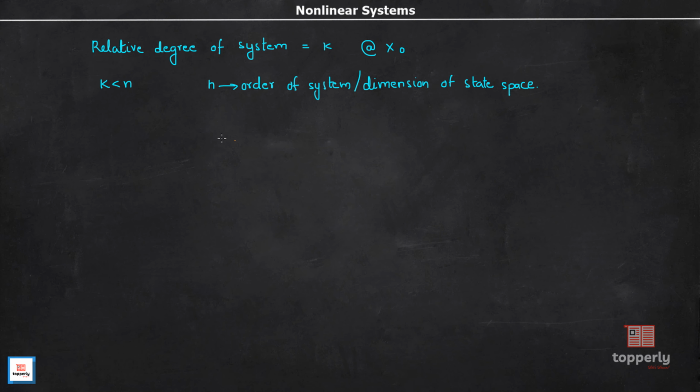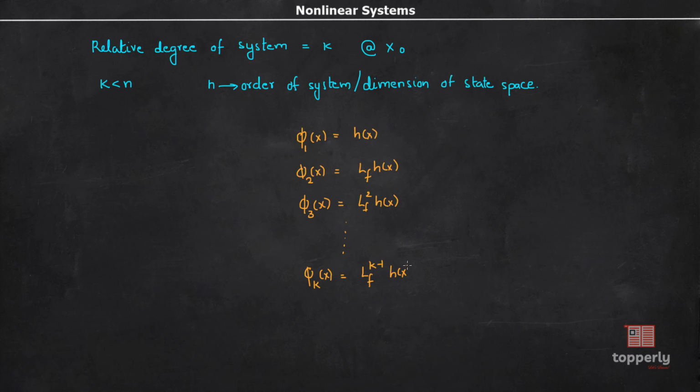Here we set the first k functions just like we discussed in the last video, that is phi1 of x is equal to h of x, phi2 of x is equal to Lf h of x, phi3 of x is equal to Lf square h of x, etc. up to phi k of x, which is equal to Lf k minus 1 into h of x.